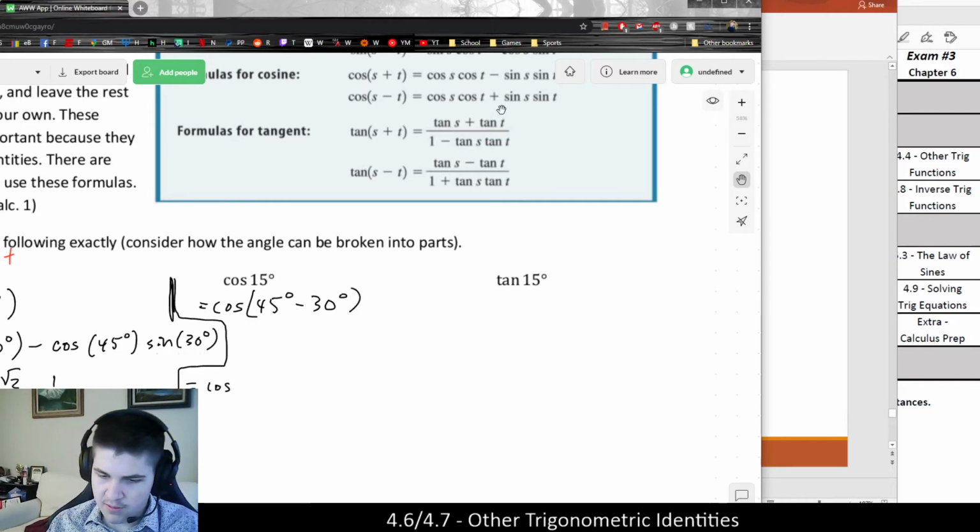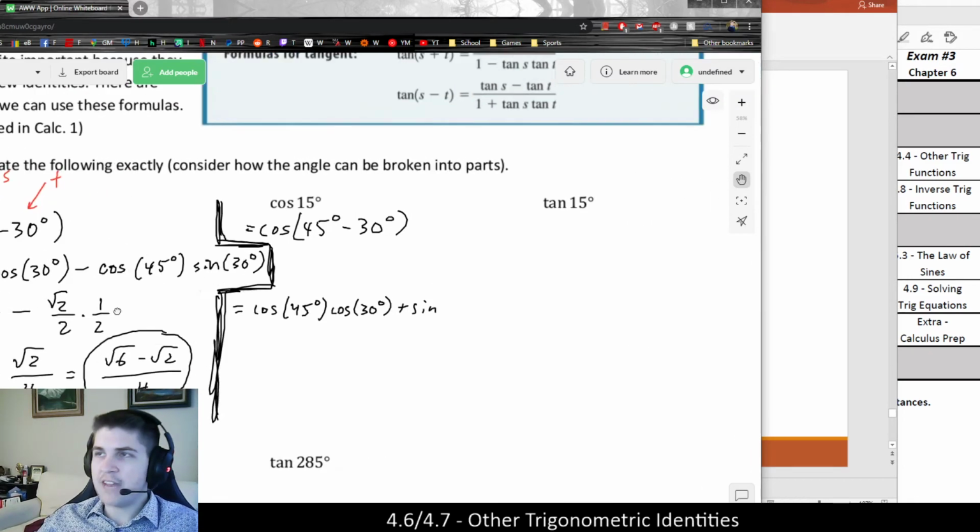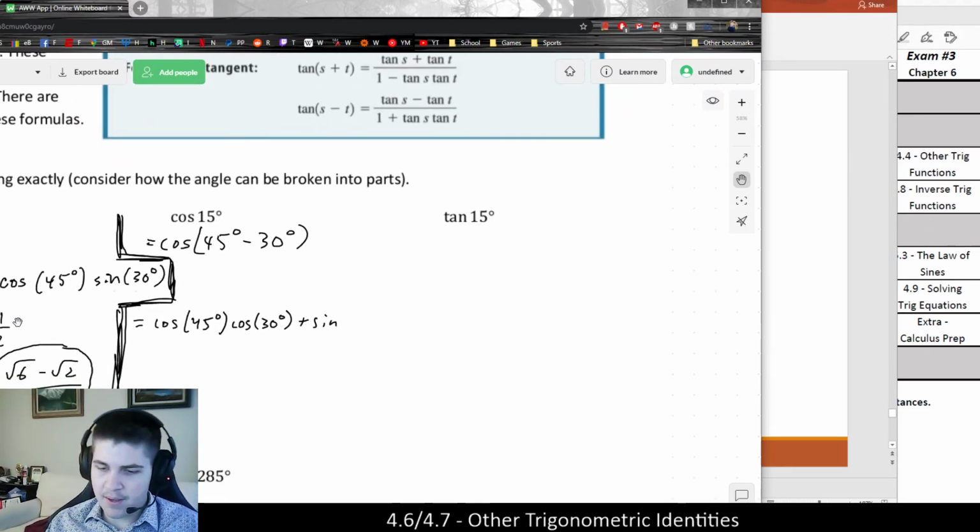Let me try to make sure it took a little bit too much room there. But I'm going to get cosine cosine plus sine sine. And if you had to memorize this, you could quite easily remember this by the fact that cosine pairs the same trigonometric functions together with the opposite sign.